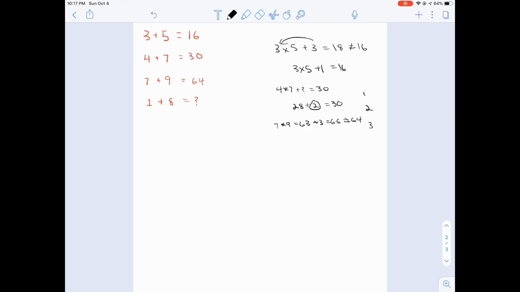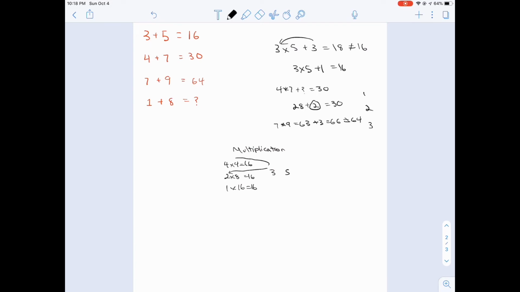So instead, let's try to do something different. We see that a lot of the ending numbers, what these things equal, like 30 and 64, are relatively large. So let's try multiplication, which will get us big numbers. So for the first problem, we need something that equals 16. So the possible factors are 4 times 4 is 16, 2 times 8 is 16, and 1 times 16 is 16. Well, which one of these factors are closest to the two digits we have, 3 and 5?